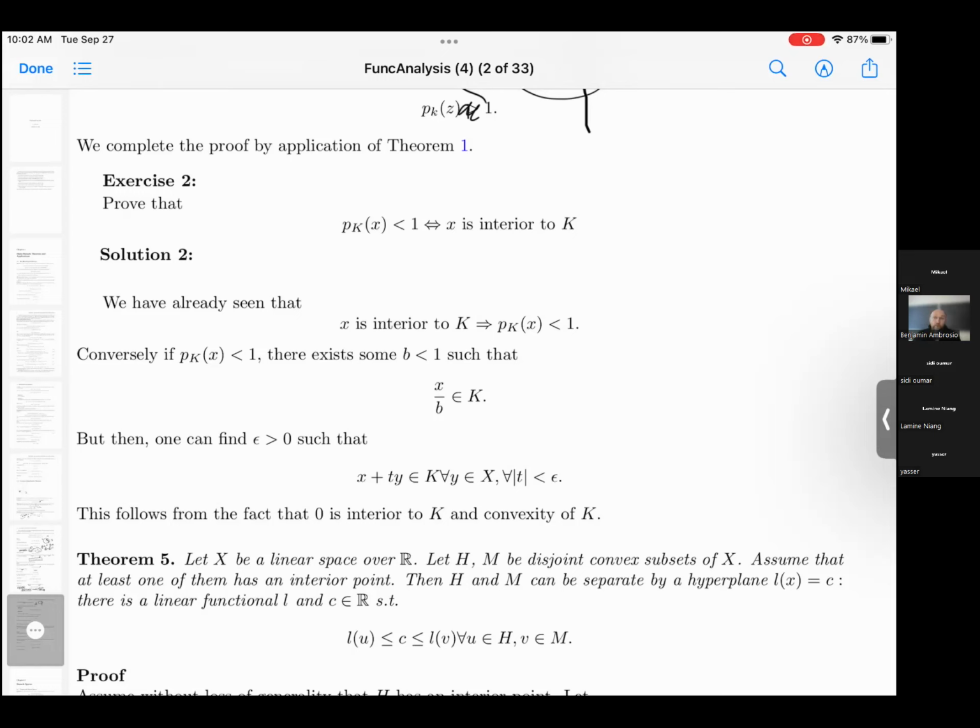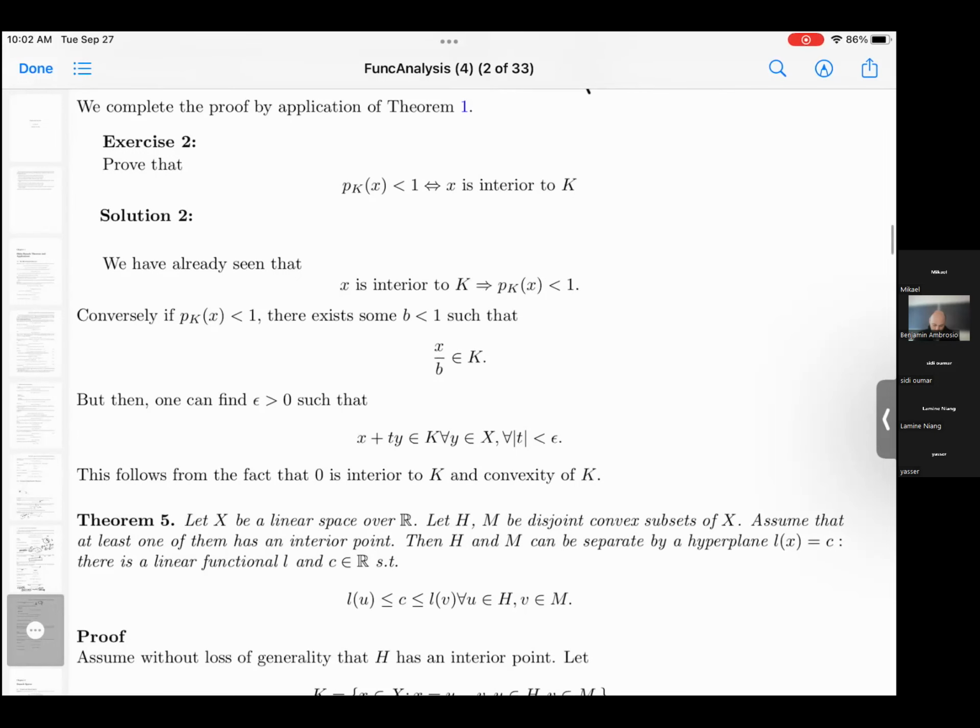To prove theorem 5, we are going to apply theorem 4. So from the two convexes H and M, you need to construct a single convex K.